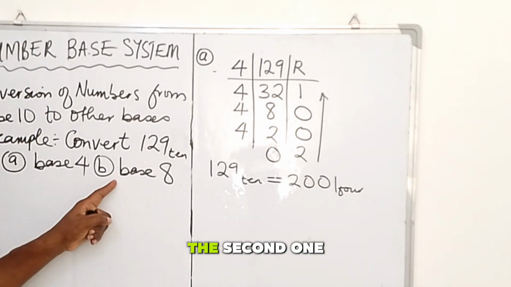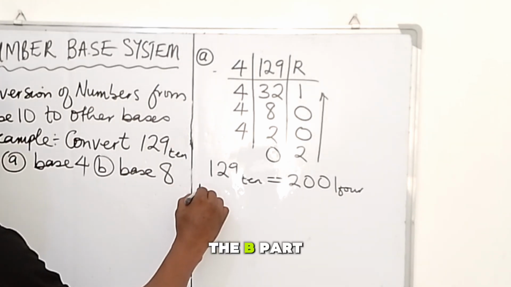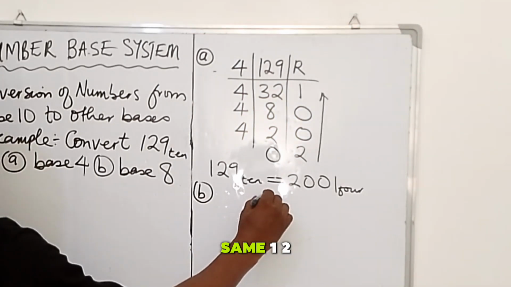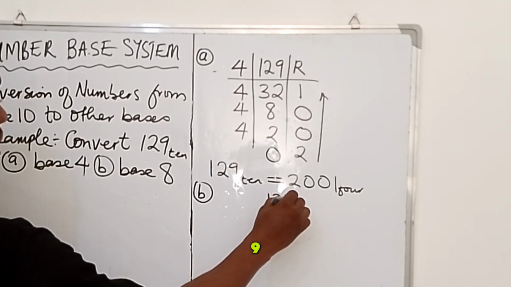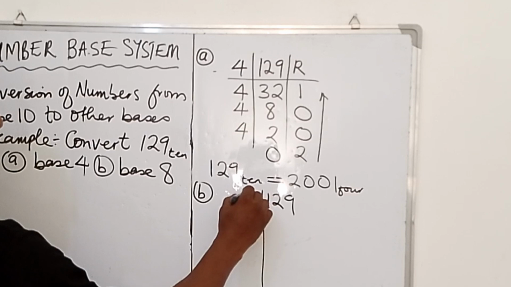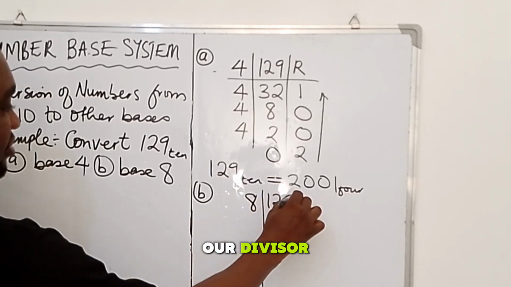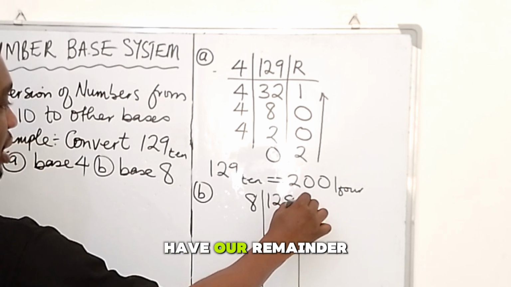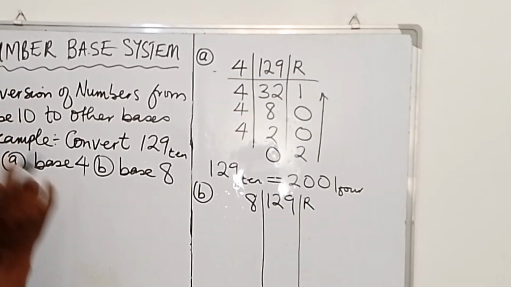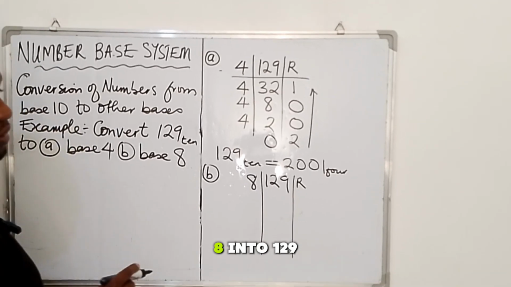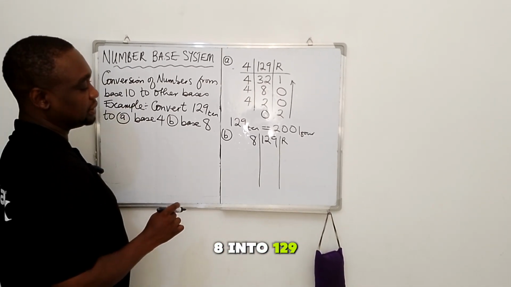Let's try the second one, the B part, which is the same 129, base 8 being our divisor. And then we have our remainder, R. 8 into 129.